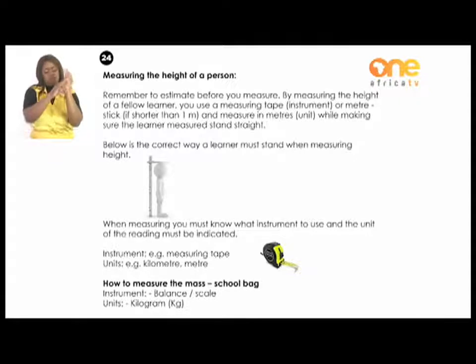You need to indicate the instrument you are using to measure. There is a measuring tape and the image shows a measuring tape. Units, you must indicate the units. Units can be kilometers, meters, and so on.